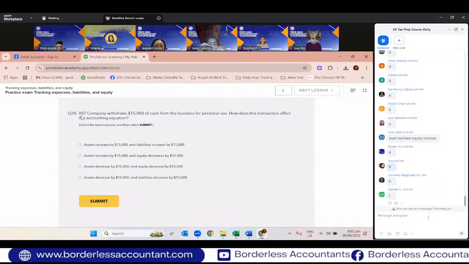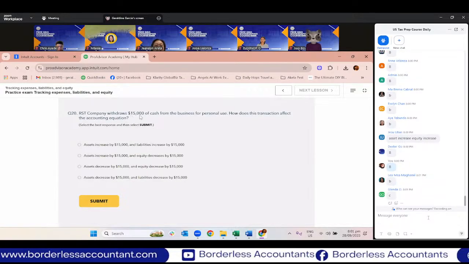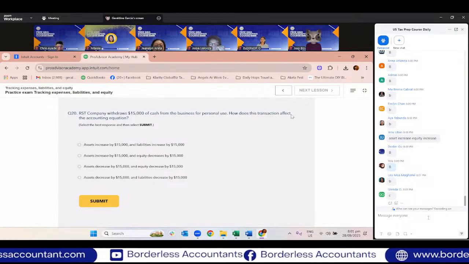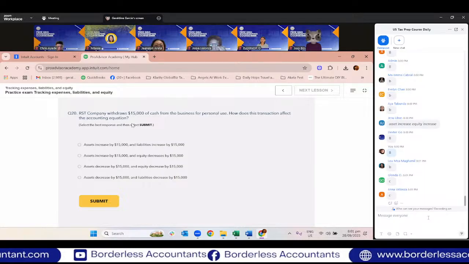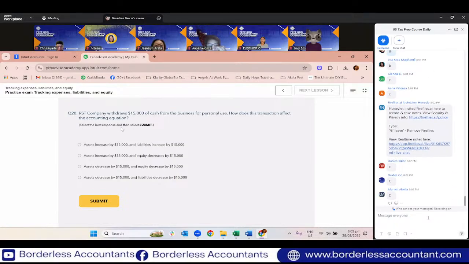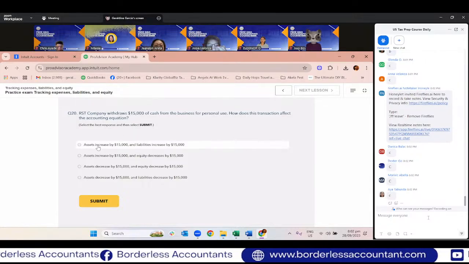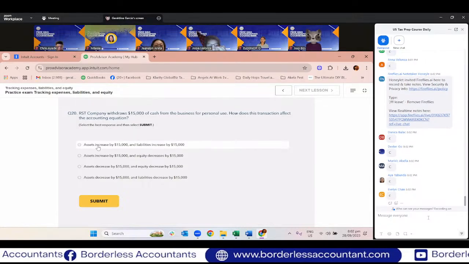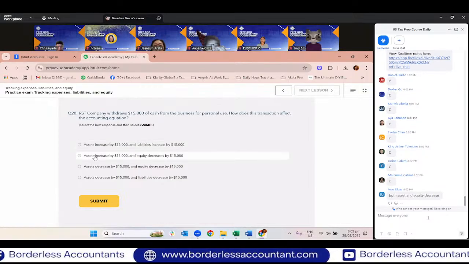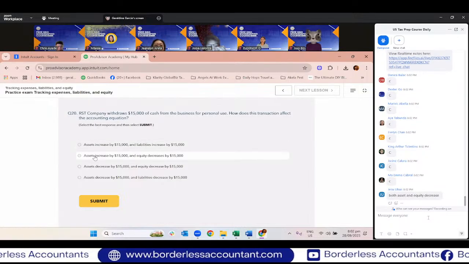RST company withdraws 15,000 of cash from the business for personal use. How does this transaction affect the accounting equation? Select the best response and then select submit. A, assets increased by 15,000 and liabilities increased by 15,000.